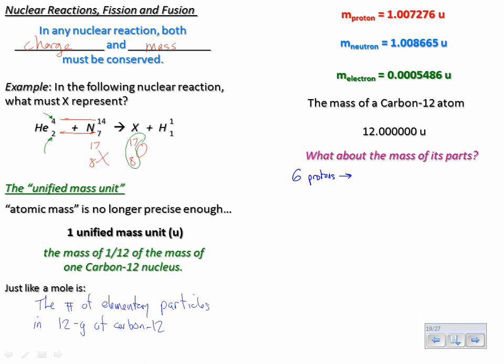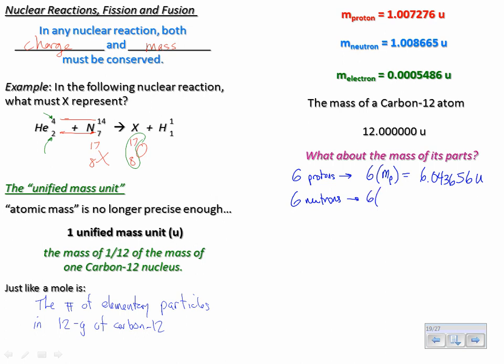The mass of those, 6 times the mass of a proton, 6 times 1.007276, is 6.04366 unified mass units.